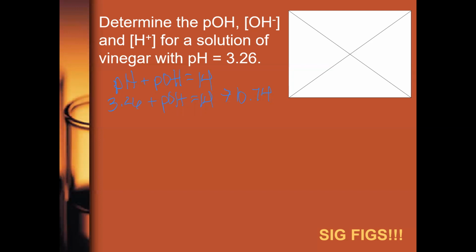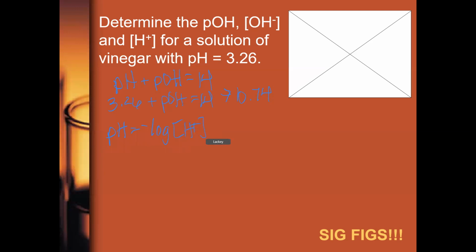Now, solving for hydrogen and hydroxide, we have to rearrange our pH formula and our pOH formula. So how we do that: pH was equal to the negative log of H plus.